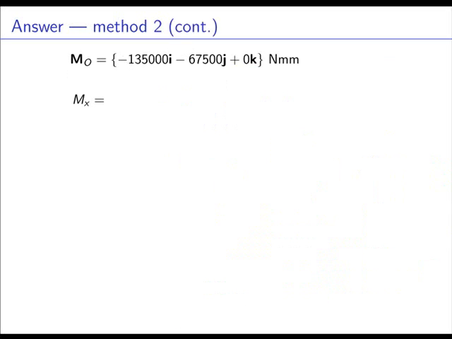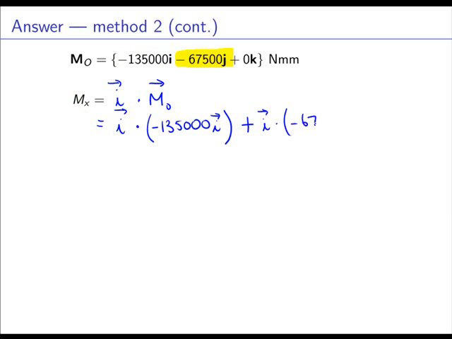Now, to find the component of M in the x direction, we calculate the dot product of i and MO, which is i dot minus 135,000 i plus i dot minus 67,500 j plus i dot 0 k.